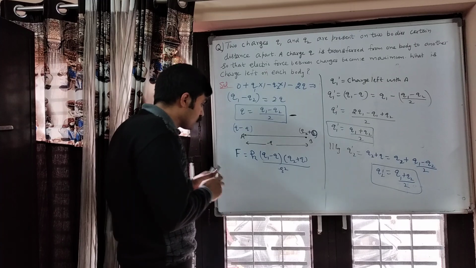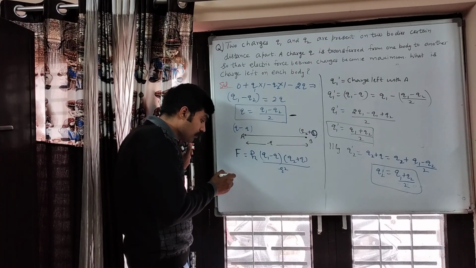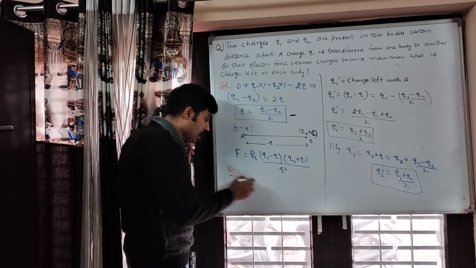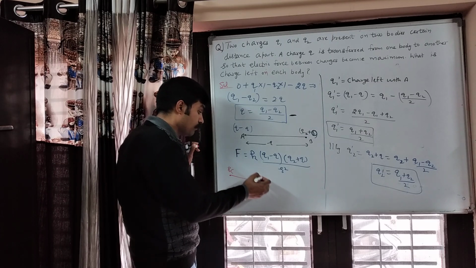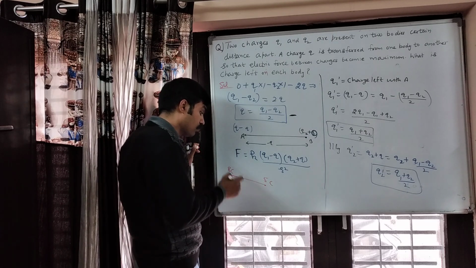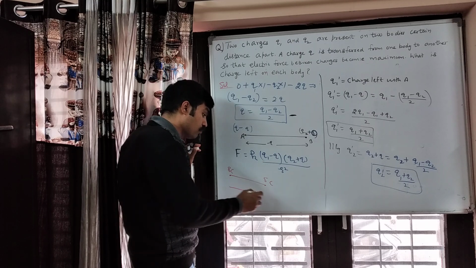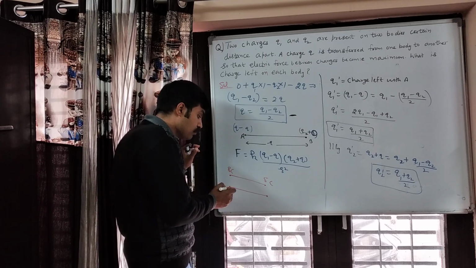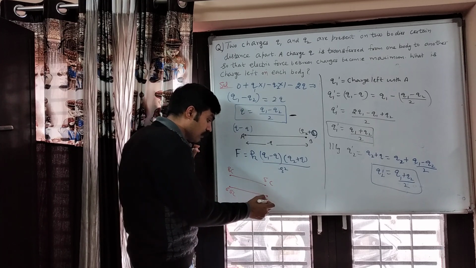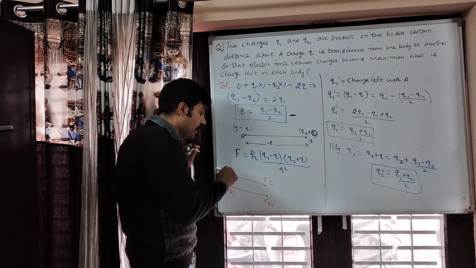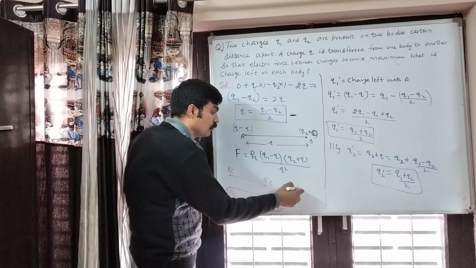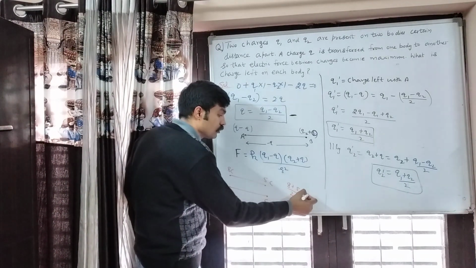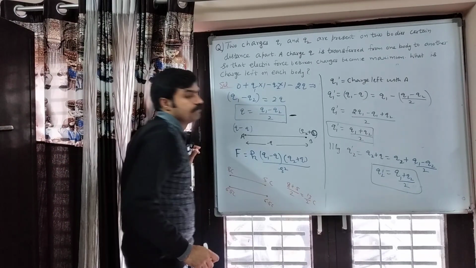So the example which we had taken in the beginning is, suppose one body has 8 coulomb charge, another body has say 5 coulomb of charge. Total charge was 13 coulomb, and you want to have maximum force. Then charge left with each body should be 6.5 and 6.5 coulomb each. That is 8 plus 5 by 2, that is 13 by 2 coulomb. Thank you.